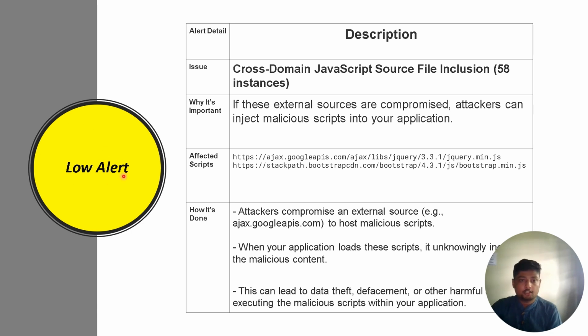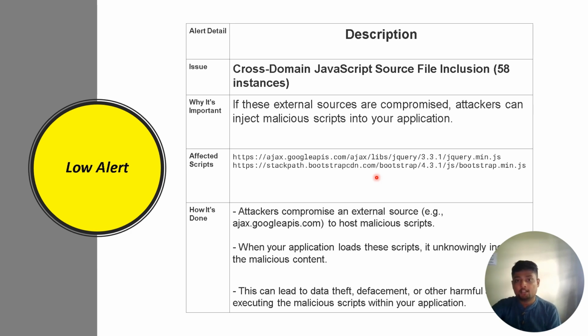Let's look at another low-level alert, which is the cross-domain JavaScript source file inclusion alert. In our application, for example, for styling we are going to use Bootstrap, and for other functionalities, as you can see here, we are going to use external scripts that have been stored in other places that we refer to.